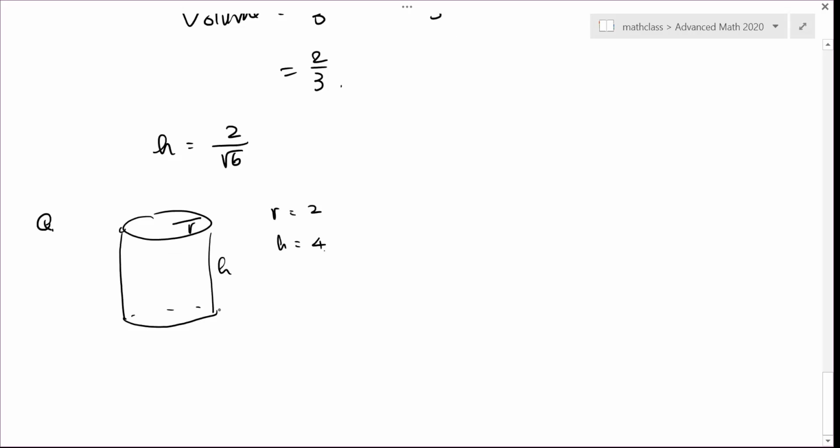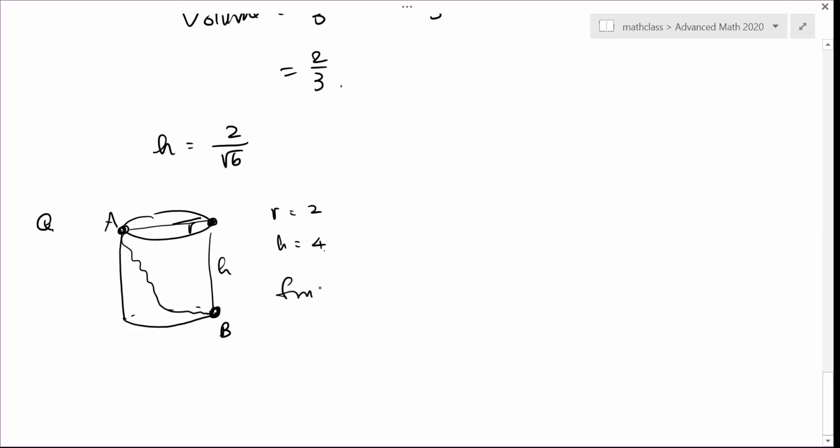I have 2 points, opposite. This is on the diameter. This is point A. This is point B. We're trying to find the shortest path on the surface from A to B.